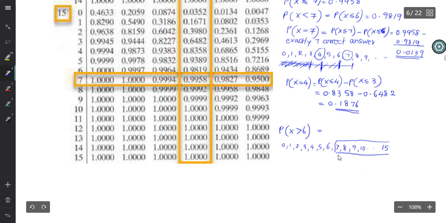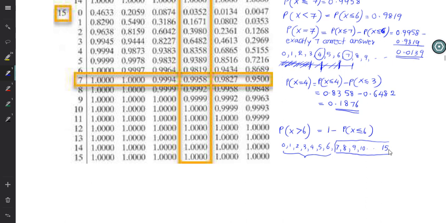If you need 7, 8, 9 up to 15, here's the complement, and this is what is available in the table. So you read up to 6 and do 1 minus. When you do 1 minus that, you get the complement. Again, this is not that hard. So where's your 0.9819? You do 1 minus, and you get the probability of 7 up to 15.